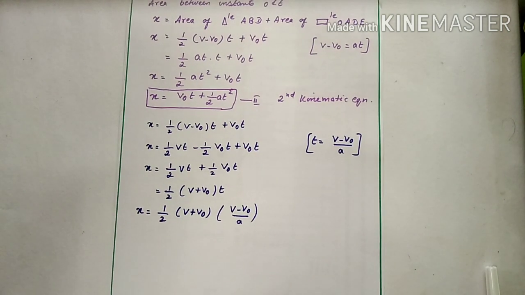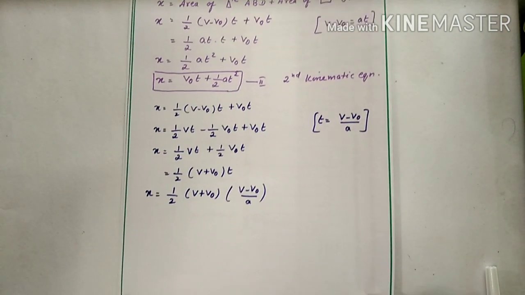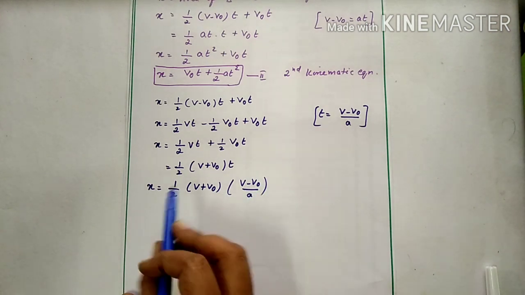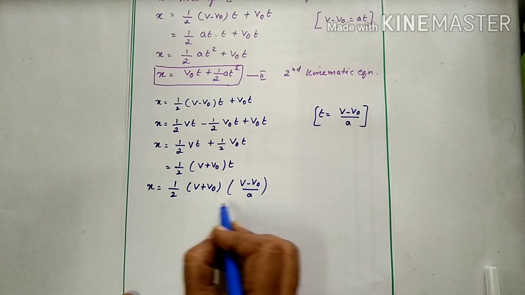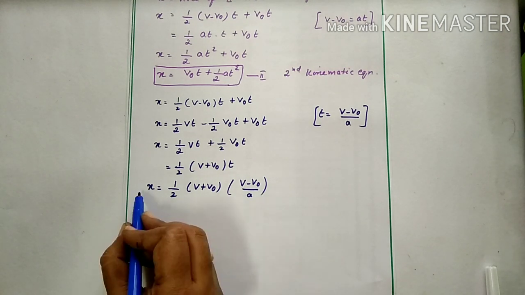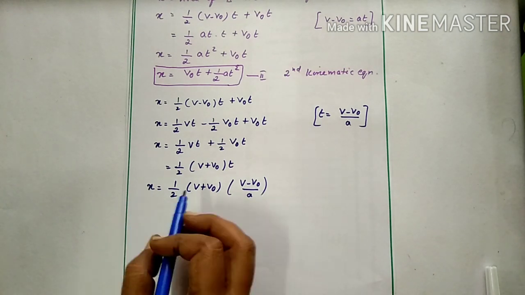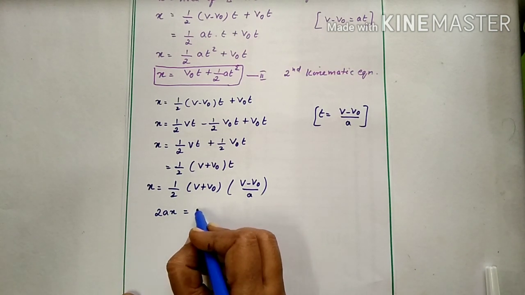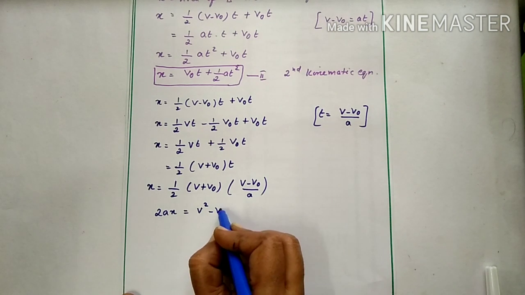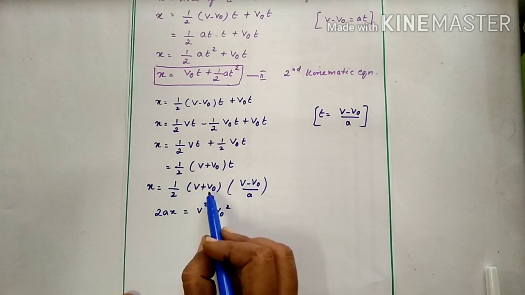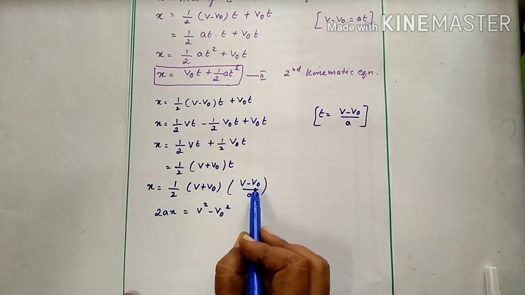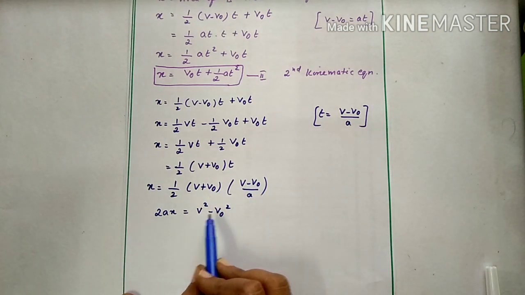This v plus v0 into v minus v0 is in the form of a plus b into a minus b. So we can write the 2a to the left hand side: 2ax equal to v square minus v0 square, since a plus b into a minus b is a square minus b square.